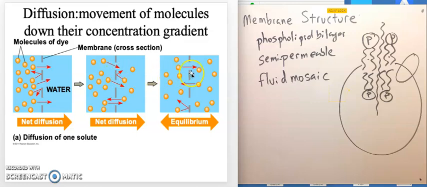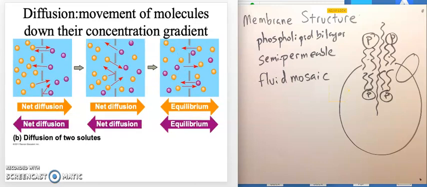And over time, the molecules are going to move back and forth until they spread out equally on either side of the membrane. At that point, when the concentration of molecules are the same on both sides of the membrane, we've reached equilibrium. Now, that doesn't mean the molecules stop moving. They're going to continue to move, but they're not moving in any one direction versus the other. Whereas at the beginning, they were moving from the left to the right.